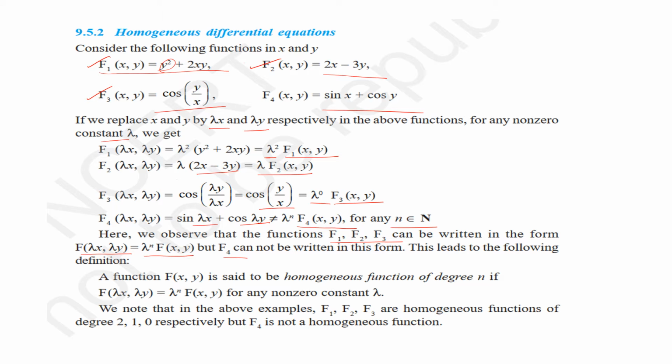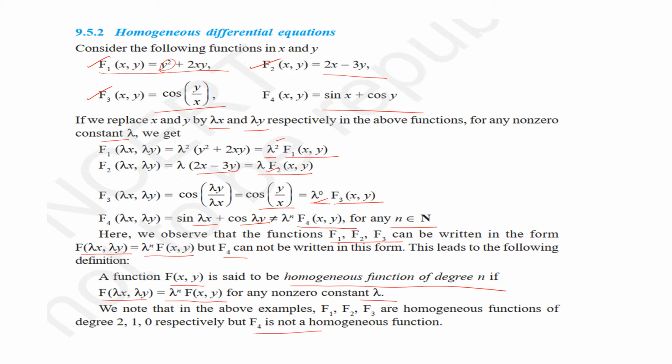So here comes the definition of homogeneous function: a function f(x,y) is said to be a homogeneous function of degree n if f of lambda x, lambda y is equal to lambda raised to power n times f of xy for any non-zero constant lambda. So for f1, we find that lambda has degree 2, for f2 it has 1, and for f3 it has lambda to the power 0, whereas f4 is not a homogeneous function.